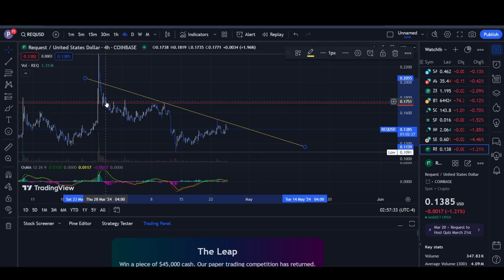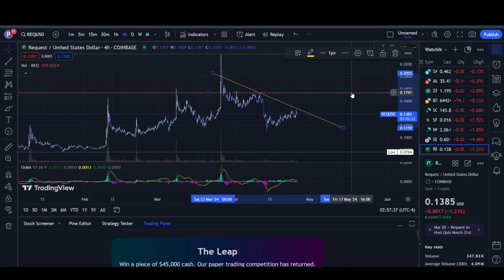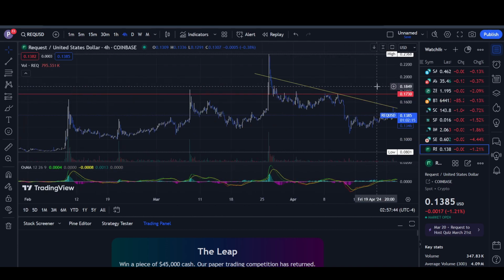But as of now this downtrend seems pretty strong. If we break this level and hold it for quite a while, I think we could actually hit 33 cents in the future.